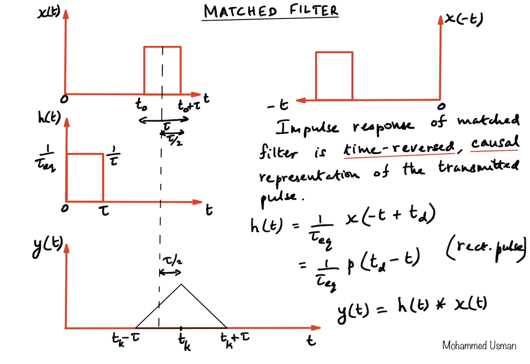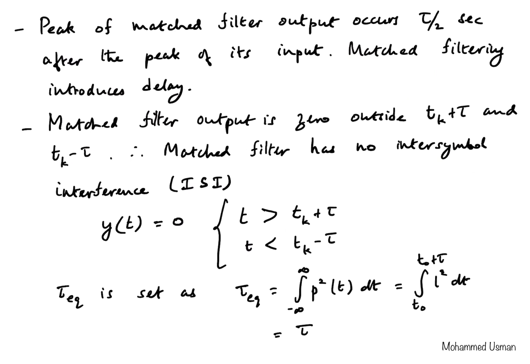The output of the matched filter that we have shown here assumes there is no noise. If the transmitted pulse is free of noise, then this is what we get, and that would be our received signal power at the sampling instant here. Now we are interested in finding the noise power at the output of the matched filter if there is noise entering the matched filter.